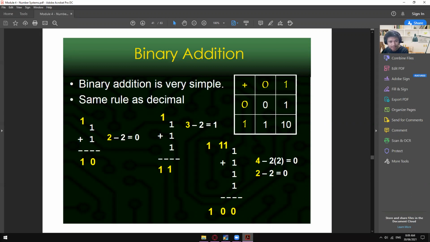Okay, let me ask someone randomly. Mr. Kiwas? Sir, ano ulit yung tanong? Do you have an idea why 1 plus 1 is 10 in binary?